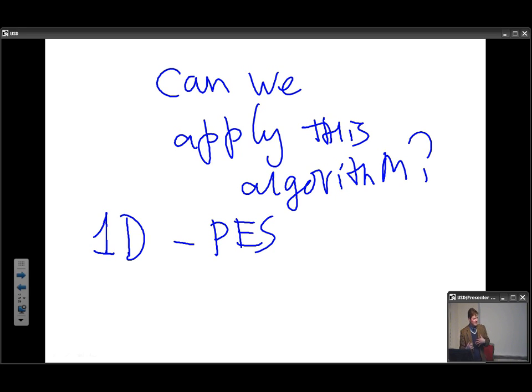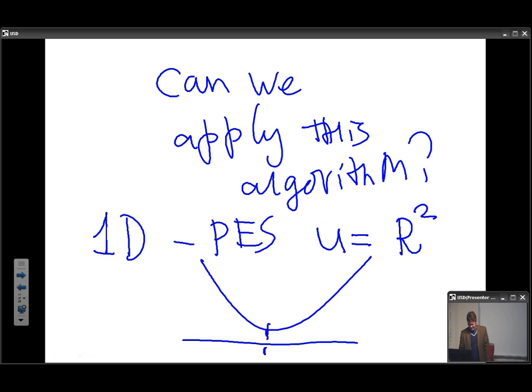So we take something that is already known and just apply the method to see that it works. Just as a mathematical game, take the potential energy surface equal to r squared, right? So just a parabola. And we know that the minimum will be at r equals 0. But let's check if we can find this r equals 0 by an algorithmic procedure.